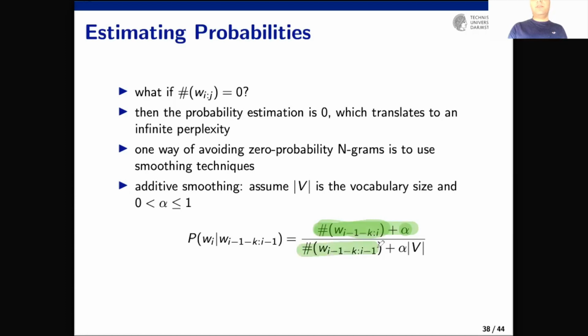And for the denominator, we use this. For the denominator, we need to use the vocabulary size as well, because for the context, any word in the vocabulary can be used after that context.